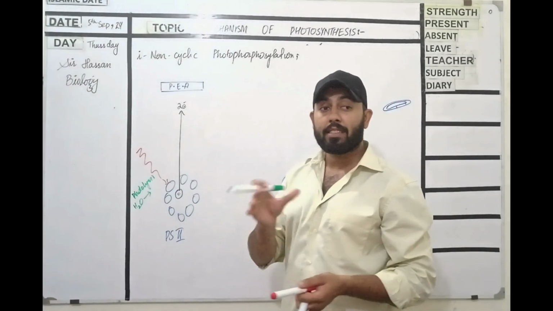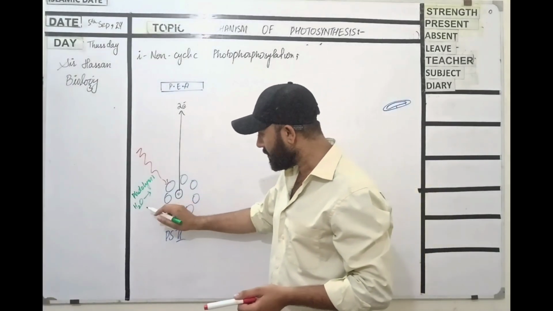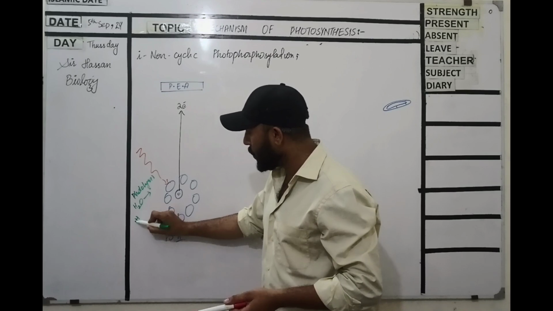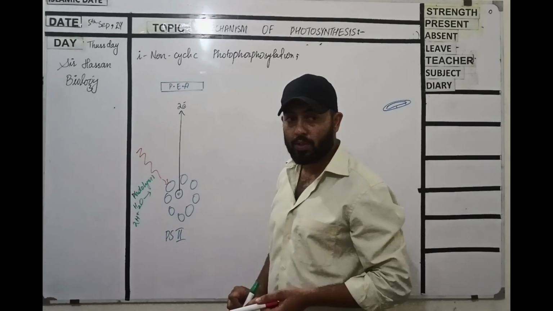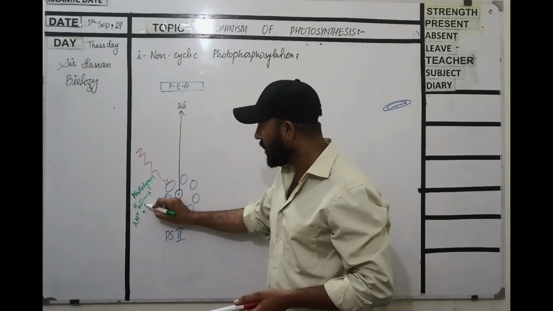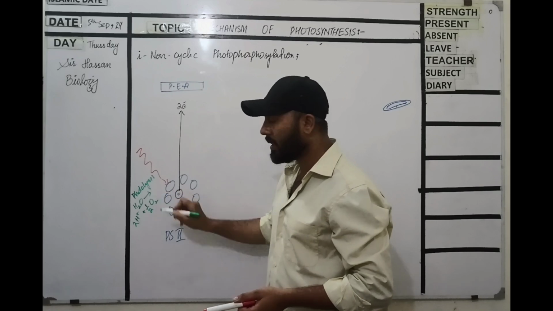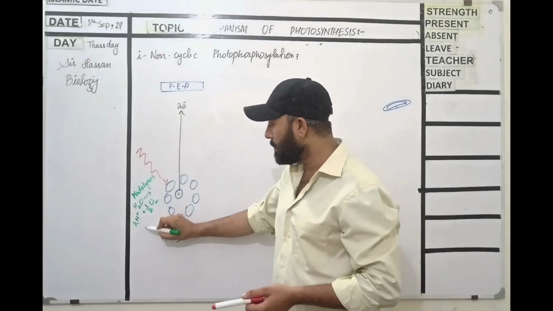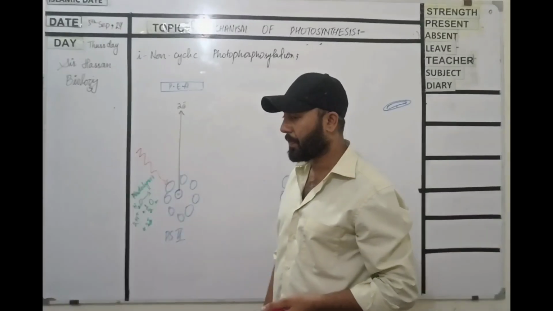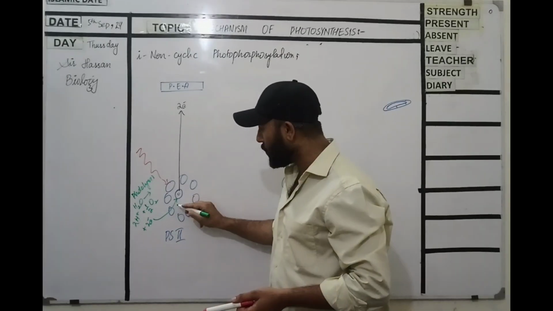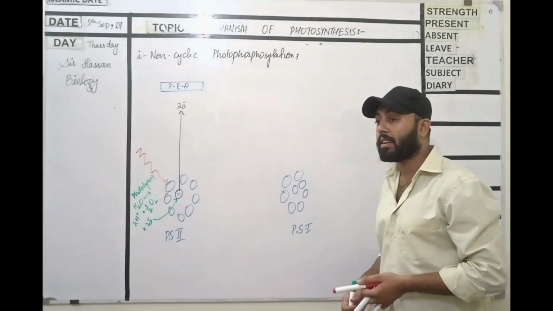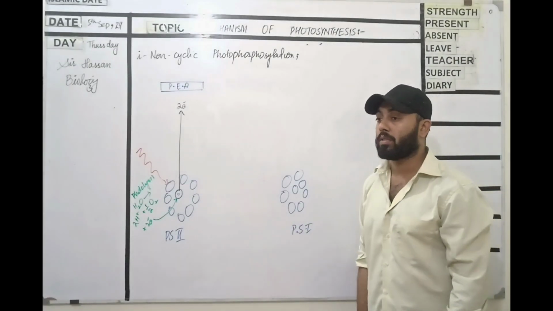Obviously, that enzyme would be activated by sunlight, into two ions of hydrogen, which are positive ions, plus 1/2 O2, an atom of oxygen, plus 2 electrons. These 2 electrons are going to fill the position vacated by the electrons.